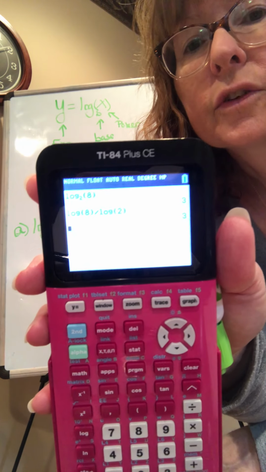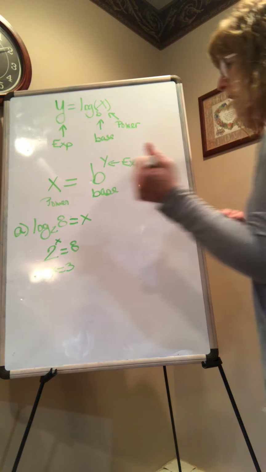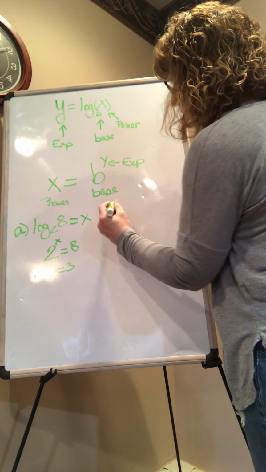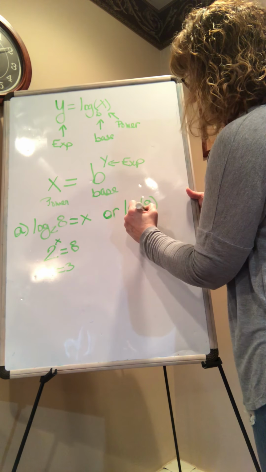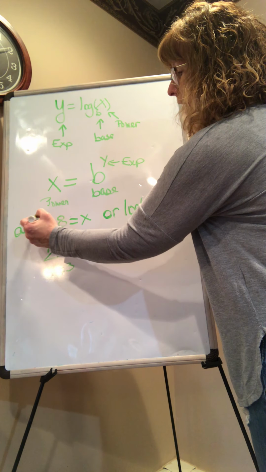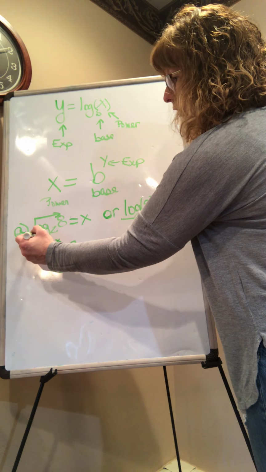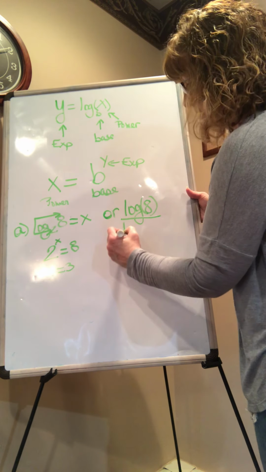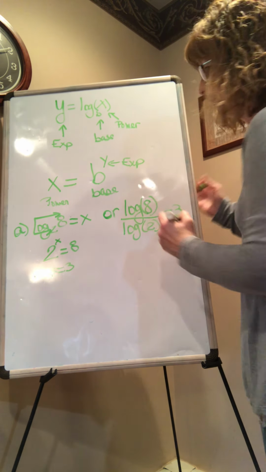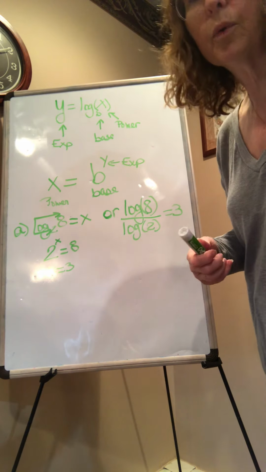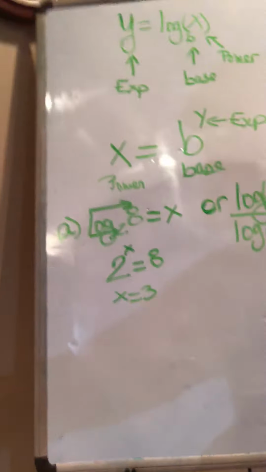I'll write that here on the board as well. Or you can say log 8. Remember I said start at the L and you hit the 8 first. Divide it by log of 2, start at the bottom of the L, you hit the 2. And you get 3. So this is pretty important. And just in case it's not clear, I'm going to hold this up for you.